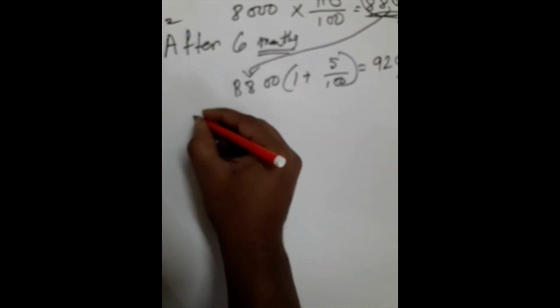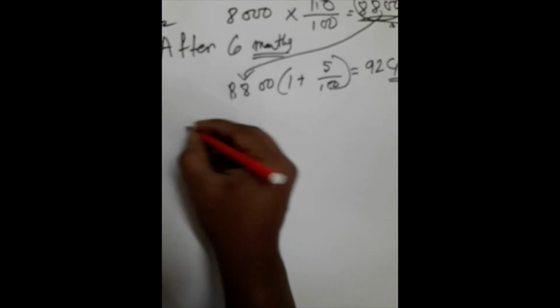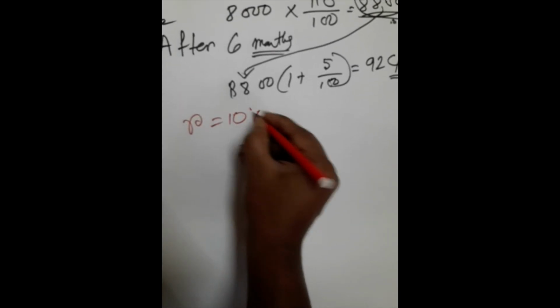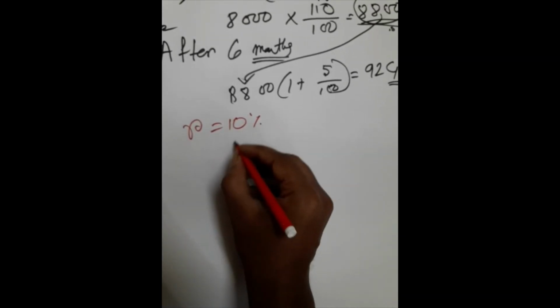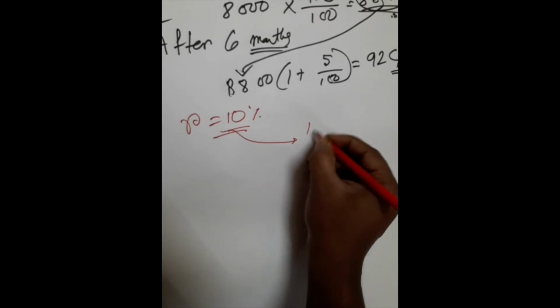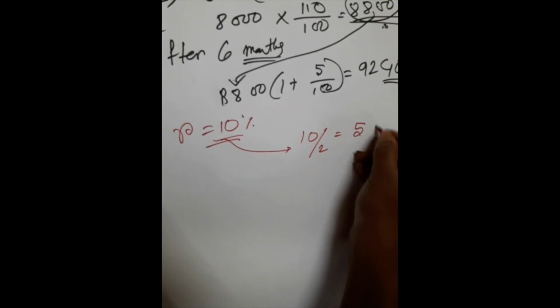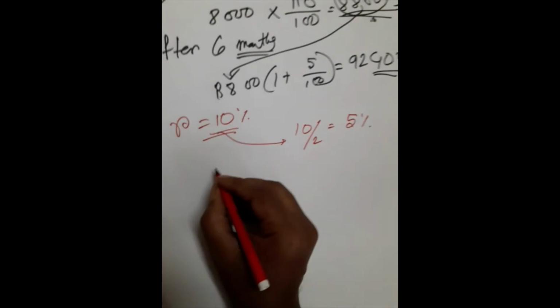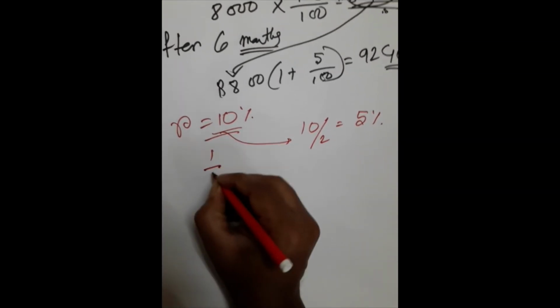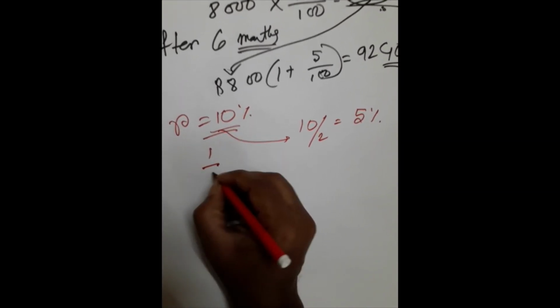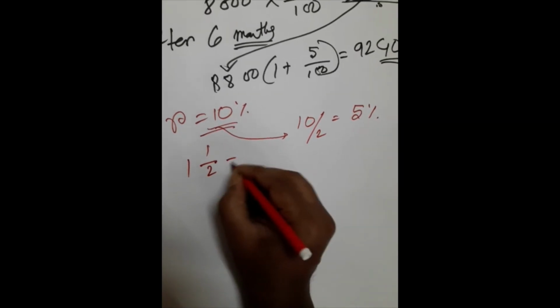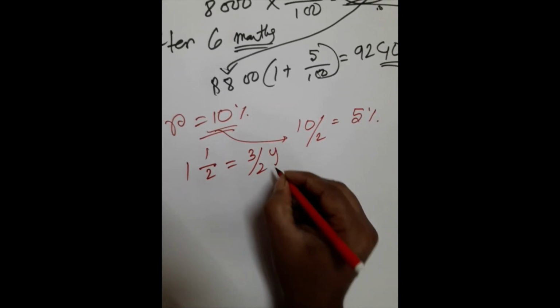For case 2, the principal amount is the same, your rate of interest is 10%, but when we are talking about half yearly, your rate of interest must be divided by 2, which is 5%. Now you have 1.5 years, so 1.5 years means 3/2 years.